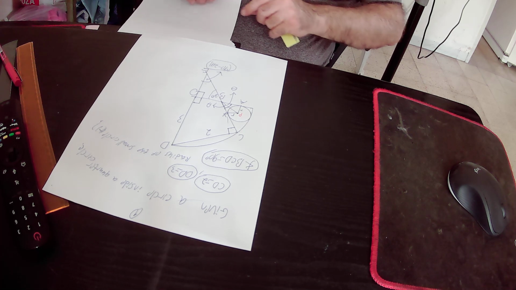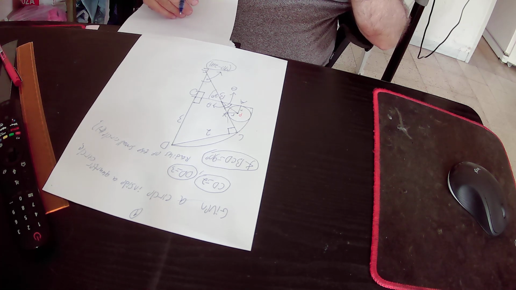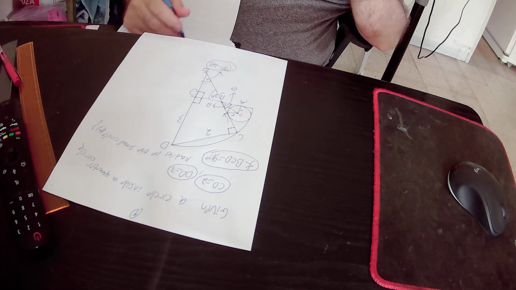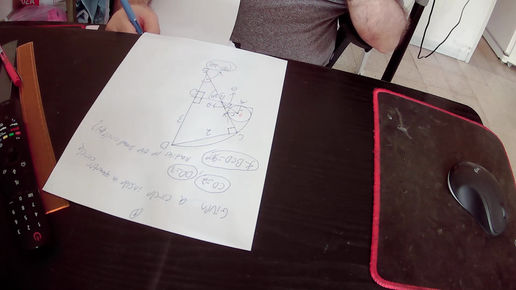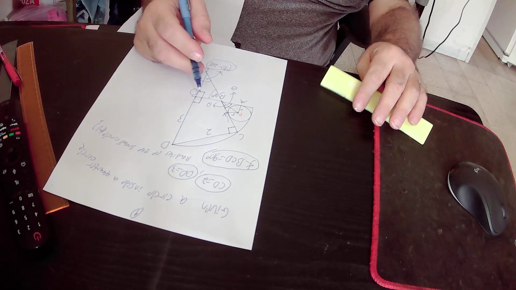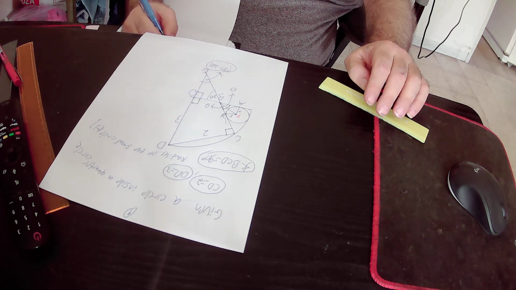Okay, so now we will focus on the big triangle, triangle CDE. We know that triangle CDE is a right triangle. The sum of the angles in any triangle, and especially in triangle CDE, must be equal to 180 degrees.